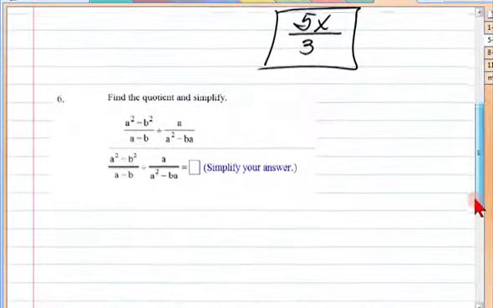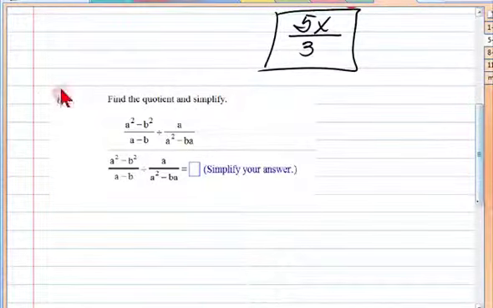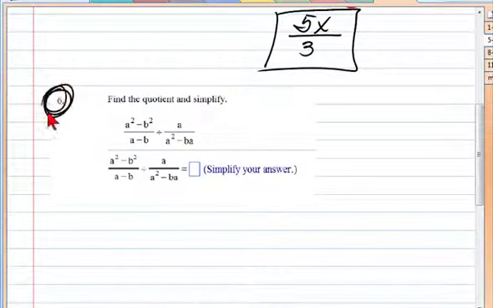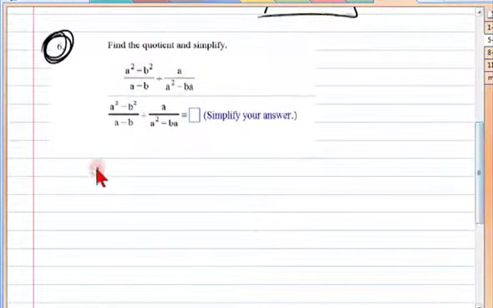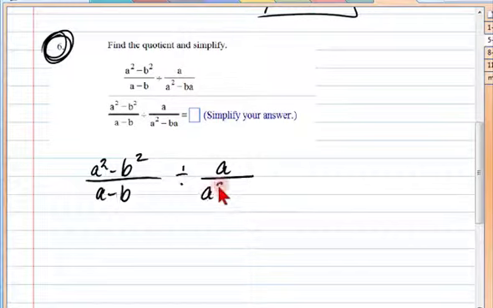All right, number 6. It seems as if MathLab sort of breaks its own rule with number 6. So I'm putting a little circle around it because when you do number 6, I'm guessing the same thing's going to happen. All right. Starts out as a division problem. So I have a squared minus b squared over a minus b divided by a over a squared minus ba.